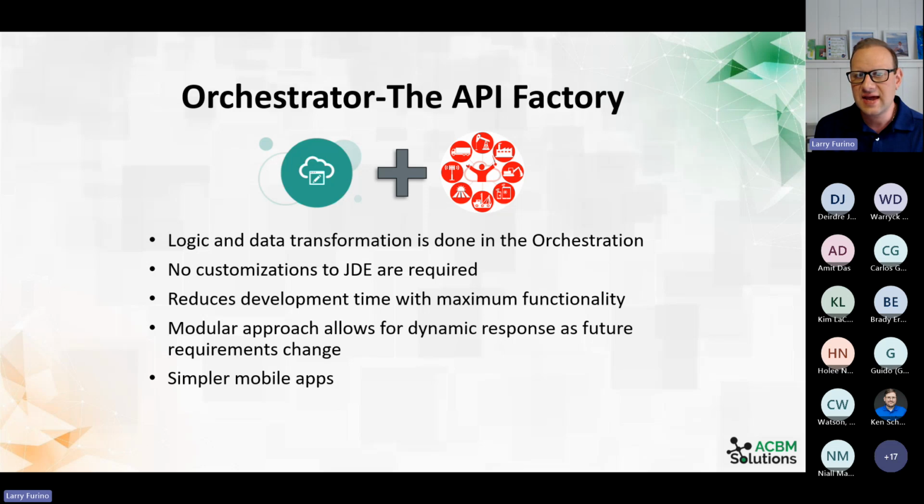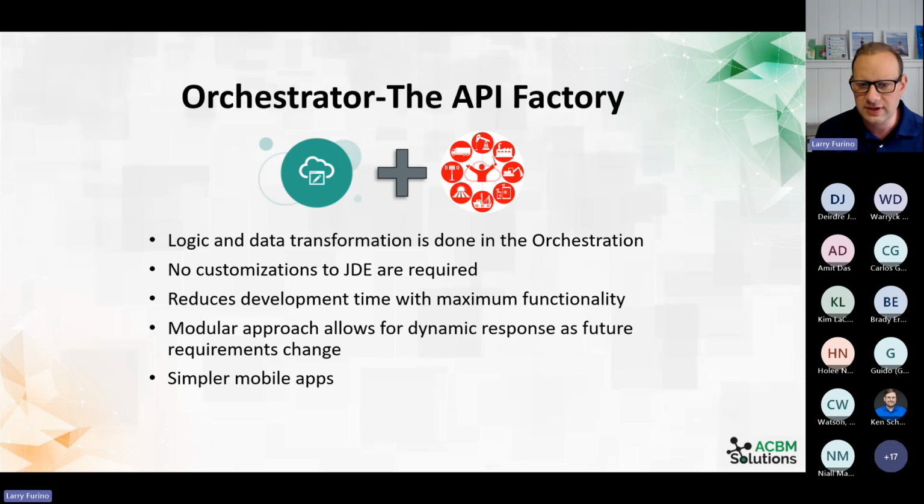And so at the end of the day, when you compartmentalize each of those functions, the user interface and the logic, you're left with simpler mobile apps that are much more modular and easier to build and maintain.